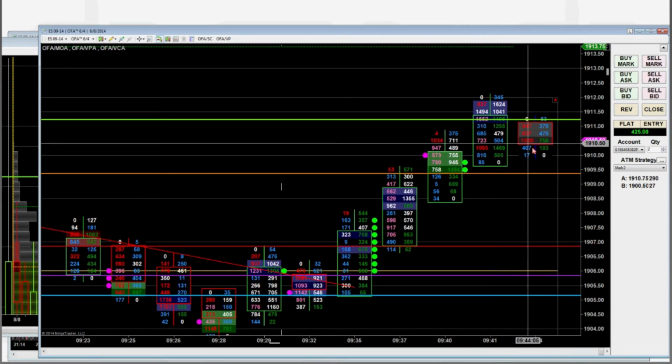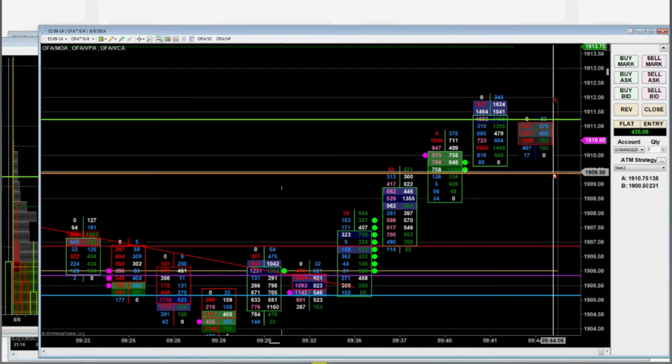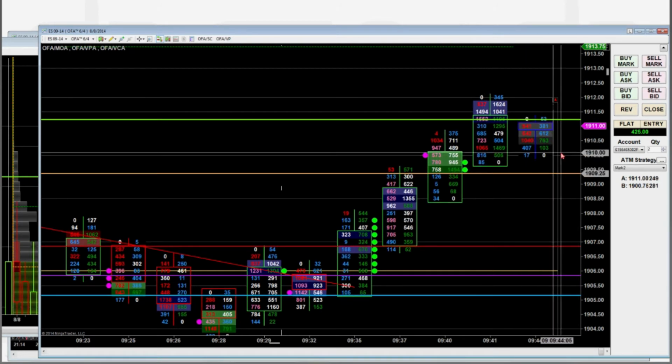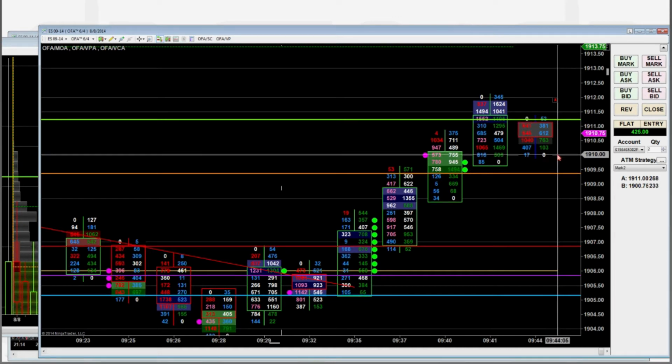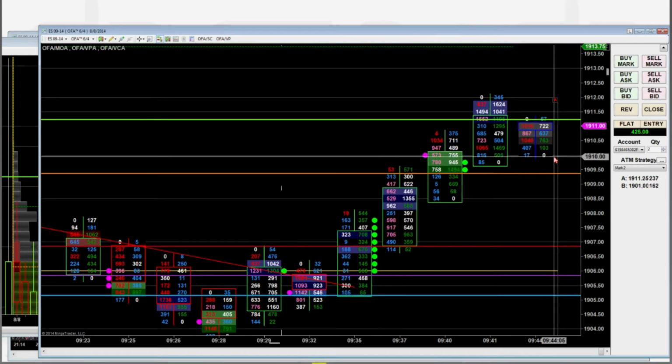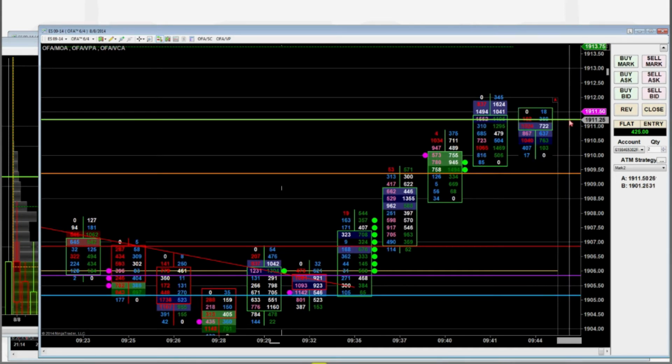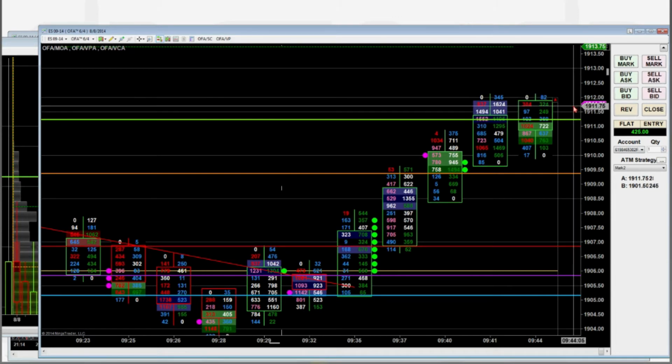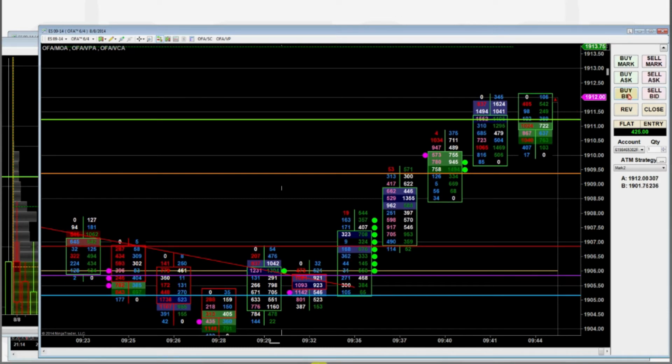You can see some activity coming back at the bid. It could just be some of the selling from the move higher, though. That's going to break higher.